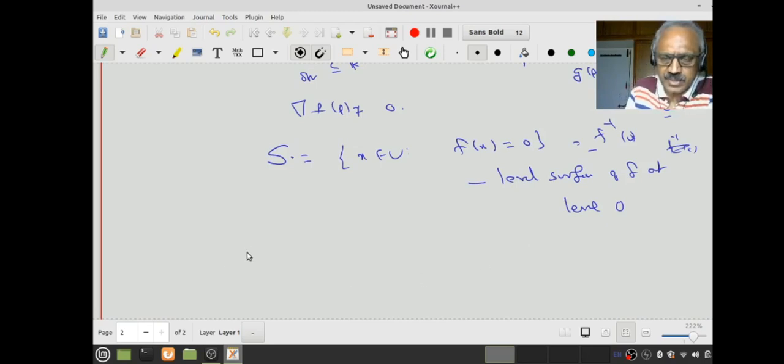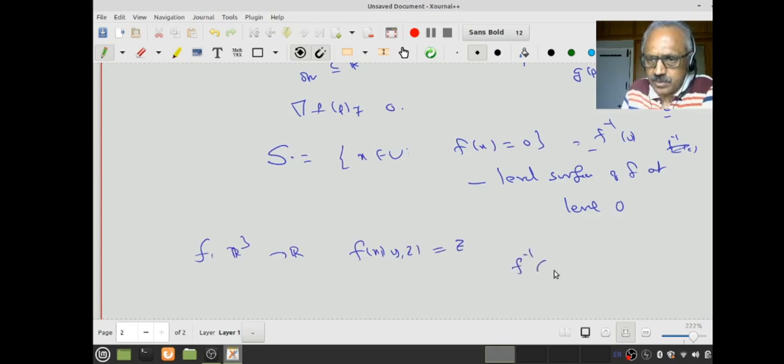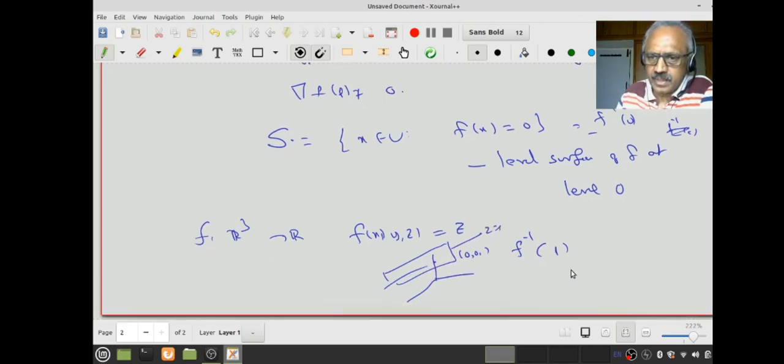Why is it called level? That's also easy. Let us look at f from R3 to R, f of (x, y, z) equal to z. Then let's look at f inverse of 1. What is this? This is the plane z equal to 1, and f inverse of minus 1 will be below, z equal to minus 1.